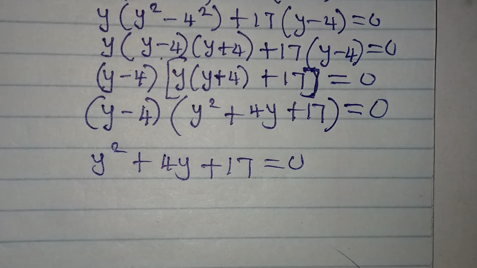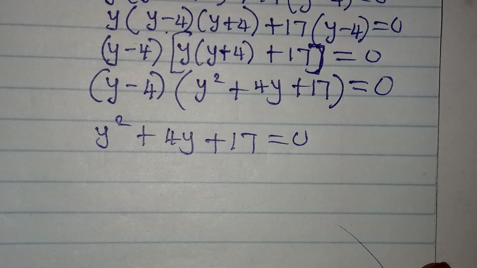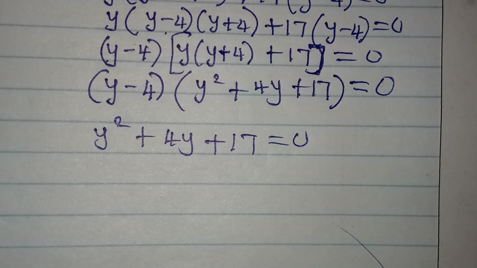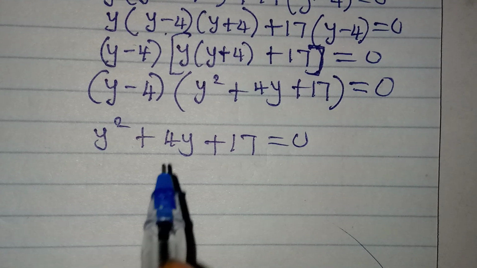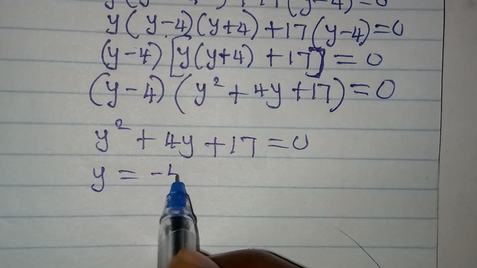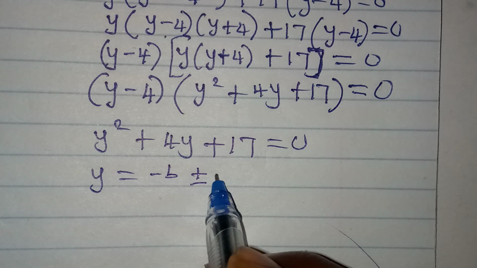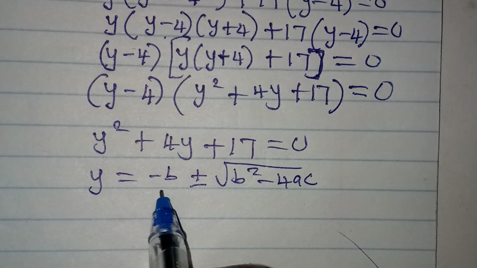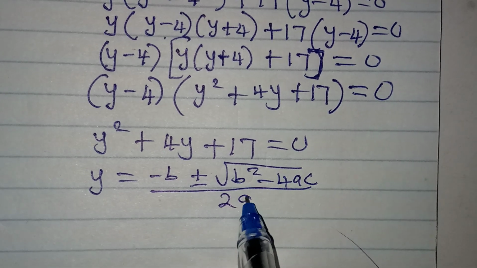The question is, can this give us a real solution? Okay, now if you want to know how to do it, just bring out your discriminant, right? Remember that the formula is y is equal to minus b, positive or negative, square root of b squared minus 4ac. Everything is over 2a, right?